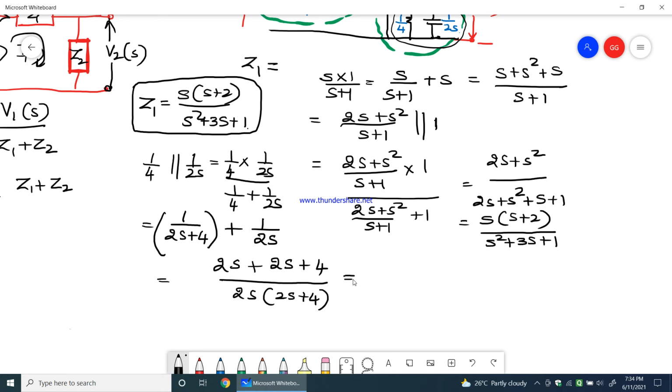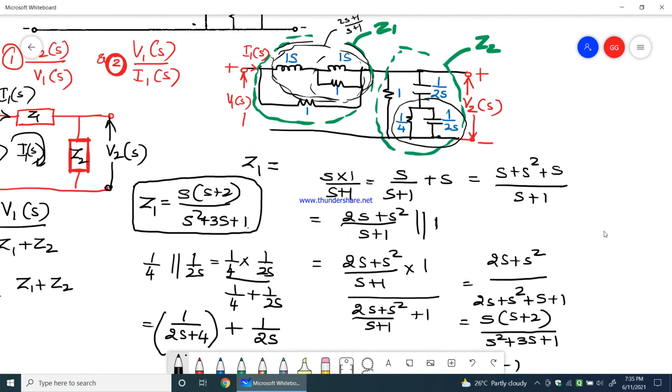So I'll end up getting 2s plus 2s is 4s plus 4 divided by 2s into, I'll just take 2 common in this, so this becomes 4. So 4s into s plus 2. If I take 4 in common in the numerator, I'll get s plus 1 divided by s into s plus 2.